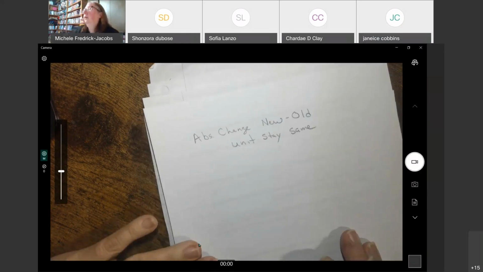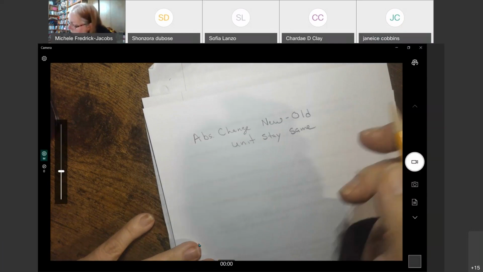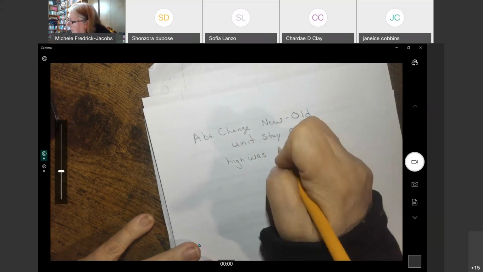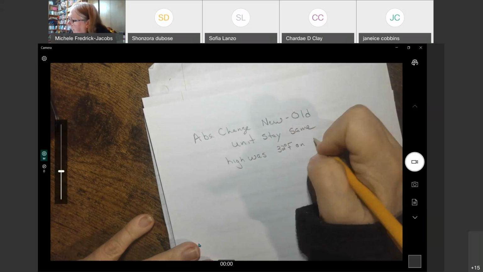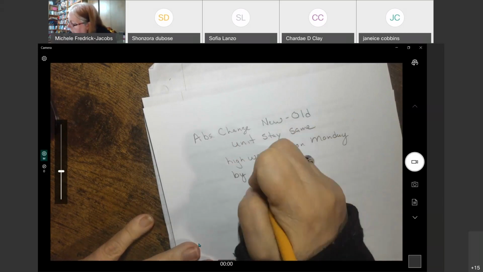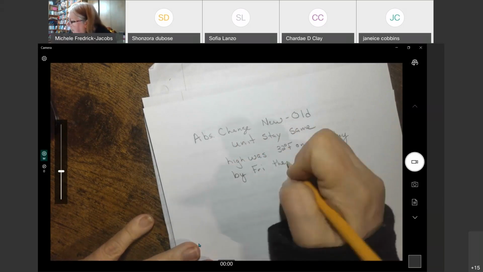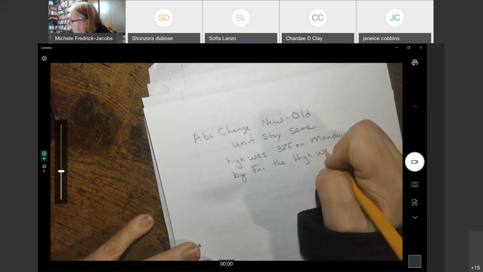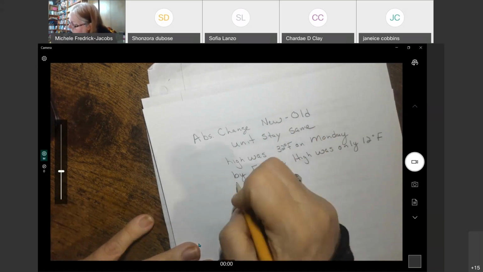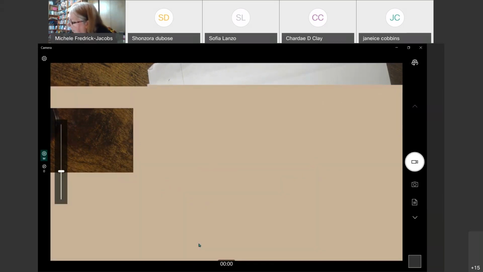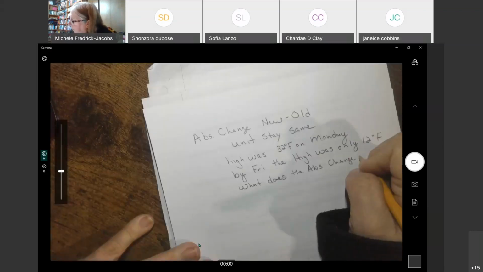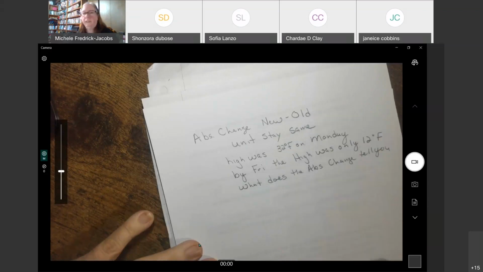So if we said it was 32 degrees Fahrenheit on Monday, and Friday, the high was only 12 degrees. What does the absolute change tell you?